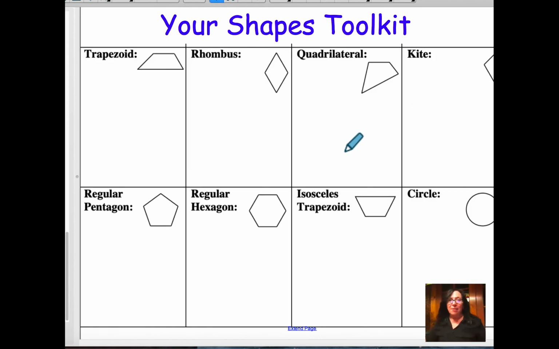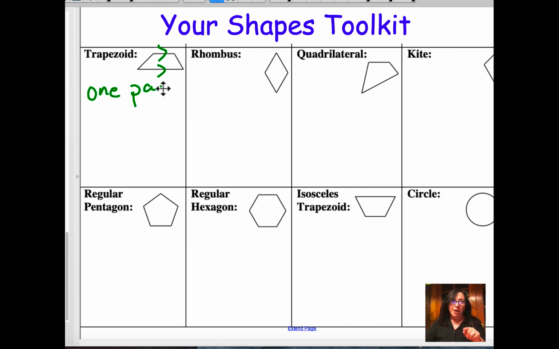Okay, more tools. We got a trapezoid. Depending on the trapezoid, one thing that you need to know about a trapezoid, aside from it having 4 parts, is that one pair of opposite sides are parallel. That's it. One pair.